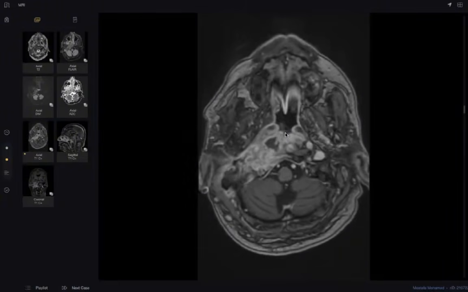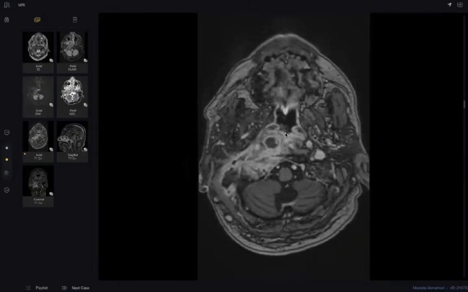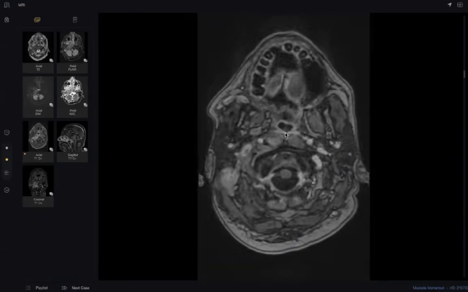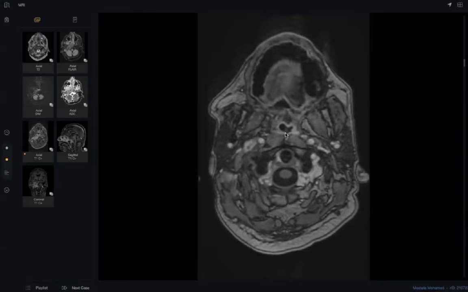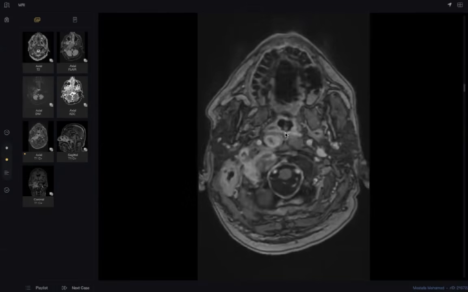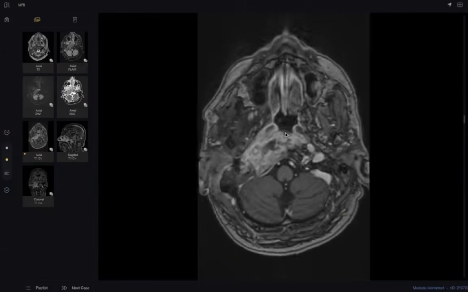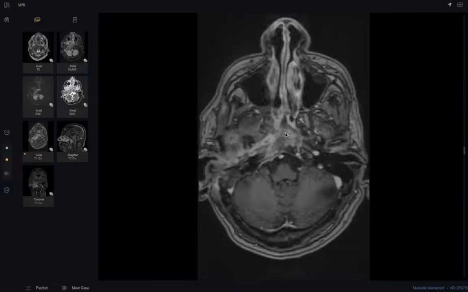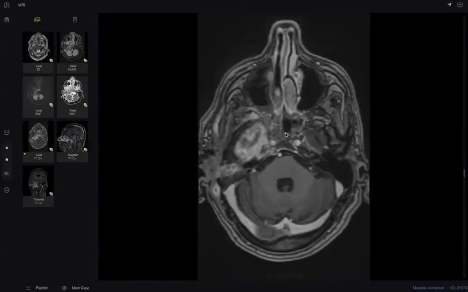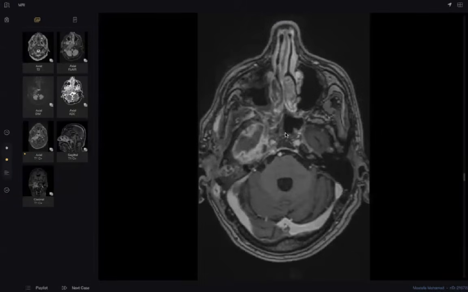So this patient needs urgent referral. Yes, at this cut there is a fluid collection with ring enhancement. So the patient will need urgent referral to the neurosurgery team for drainage of this collection that shows ring enhancement with a non-enhancing center.